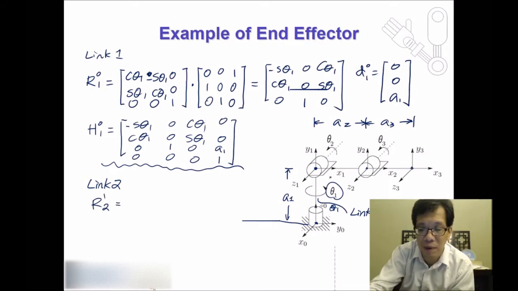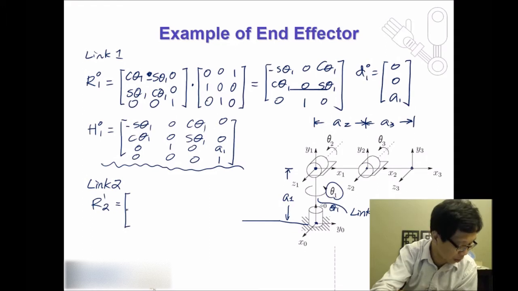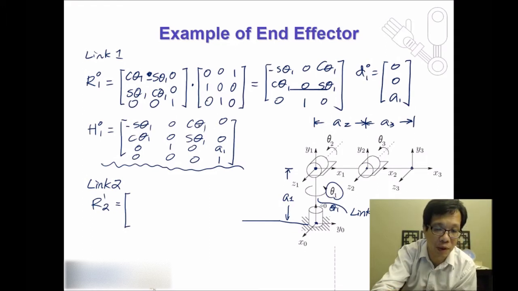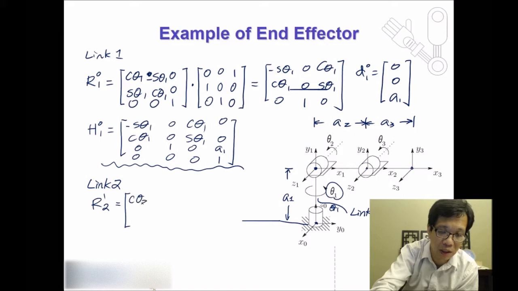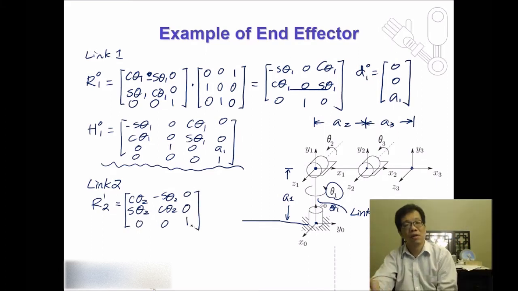This is rotated about the Z1 direction, so it will be similar to what we have in the previous part of this page. It is going to be cosine theta 2, sine theta 2, negative sine theta 2, cosine theta 2, 0, 0, 1, 0, 0 over here.